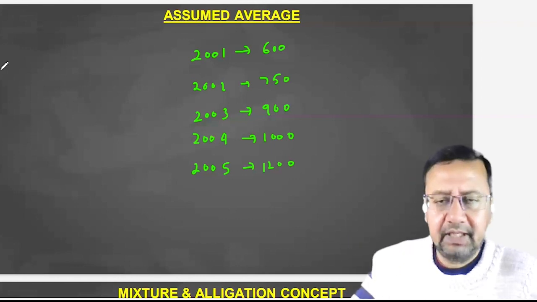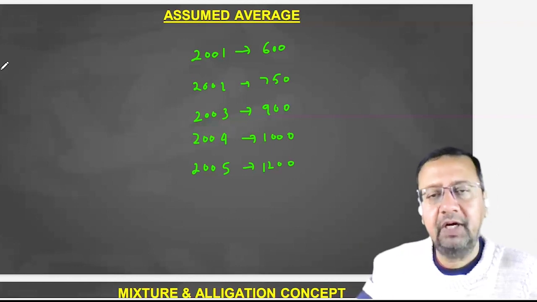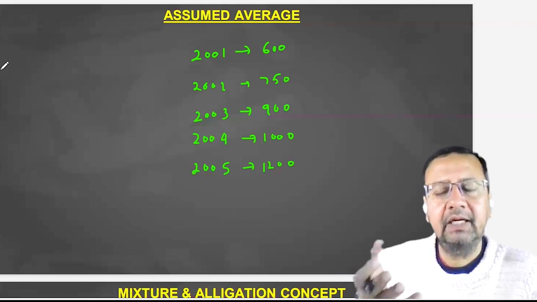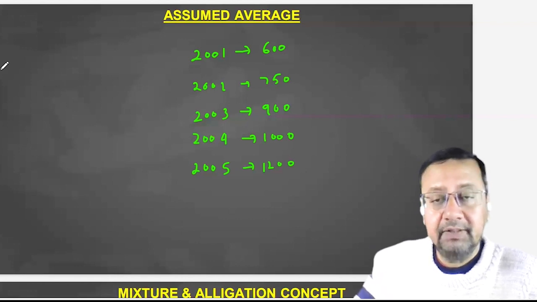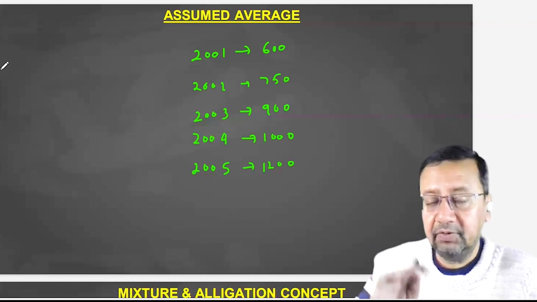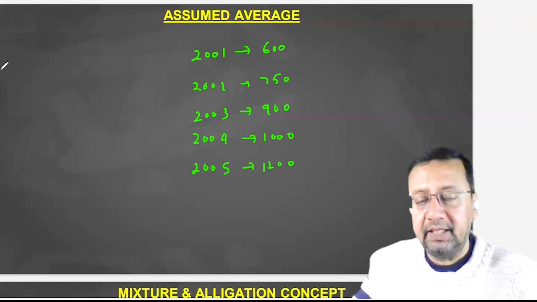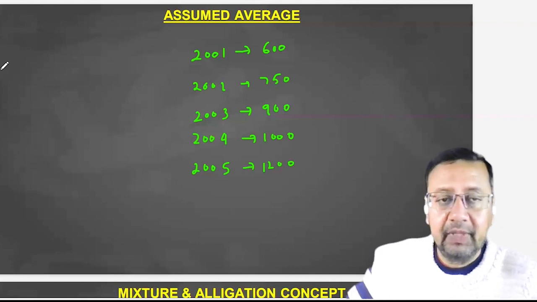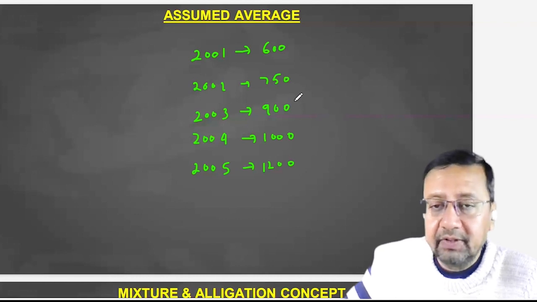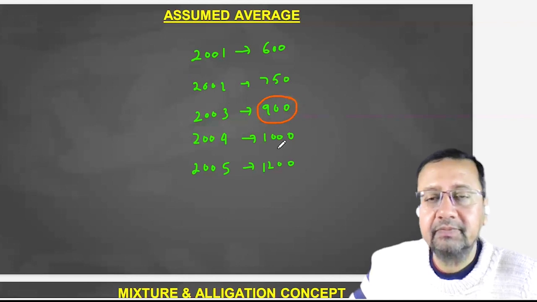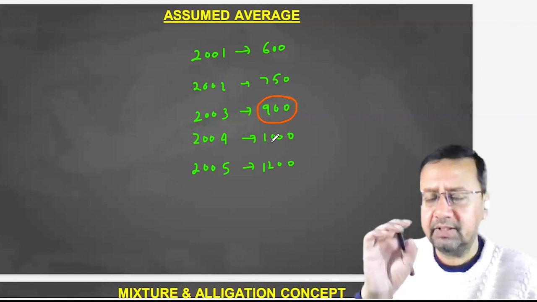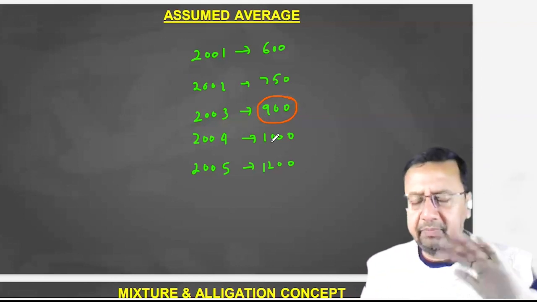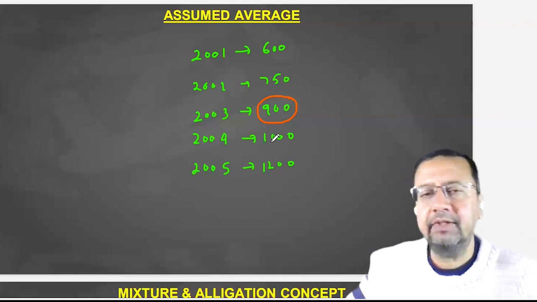So if I have this data and want to calculate the average, one way is adding all the figures and dividing by 5. But alternatively, looking at this data, I can see that the average is somewhere around the central value. So I can assume this as my average for this data. This is not actual. I'm assuming because this is in the center. Some plus minus is there, but this is my average.